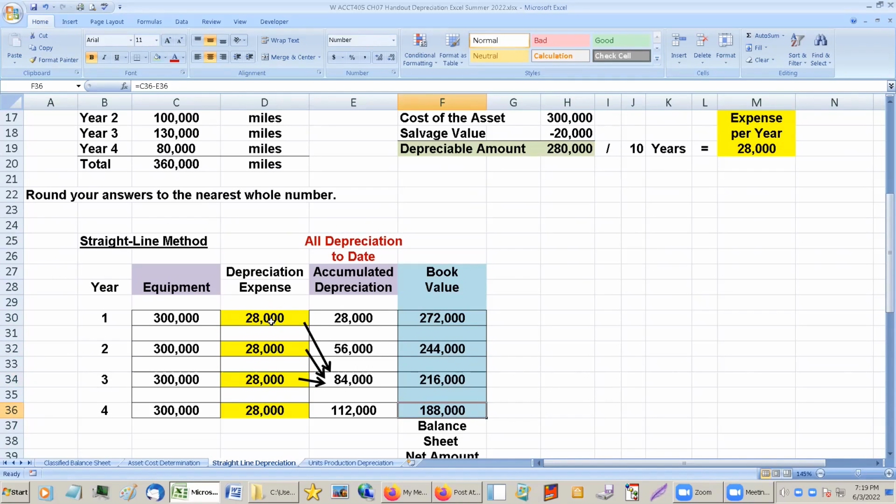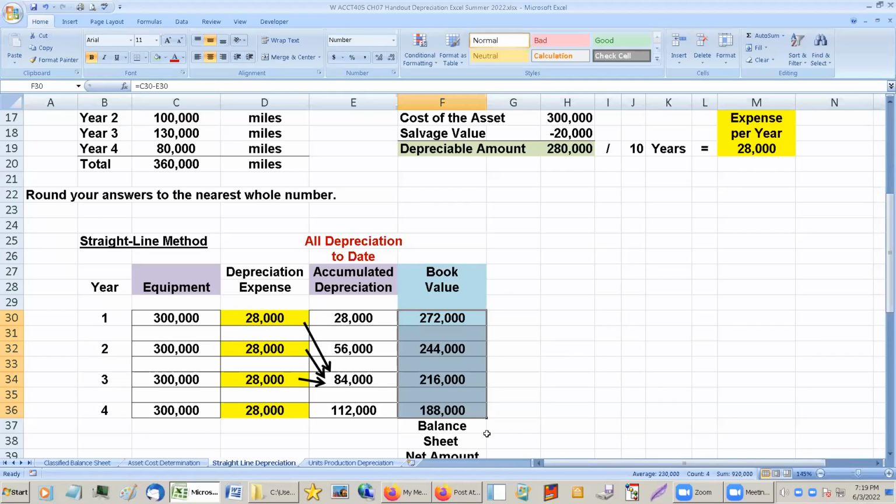Now, if you're wondering why they call this the straight line method, if you were to chart this out, it goes down in value by the same amount every year. So every year it's going to go down by the same 28,000, all the way down until 10 years from now when it'll be completely depreciated and the value should be the 20,000. If our crystal ball worked correctly, it should be down to that at the end of 10 years.